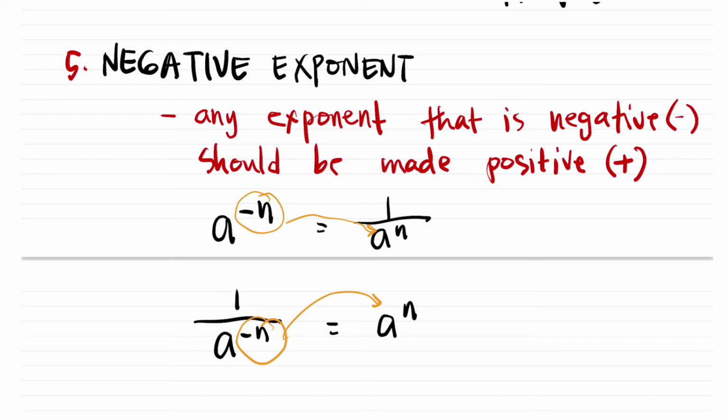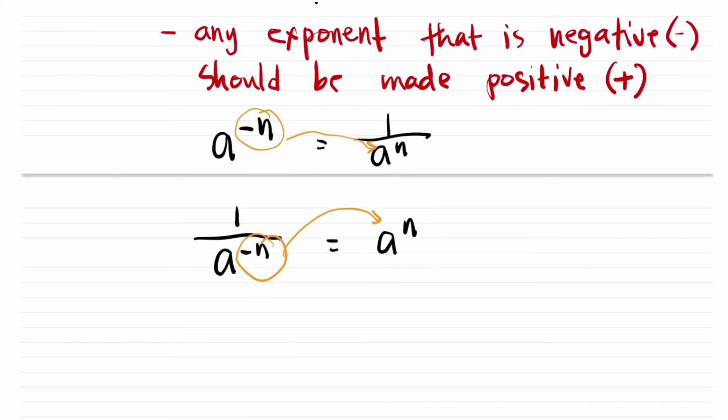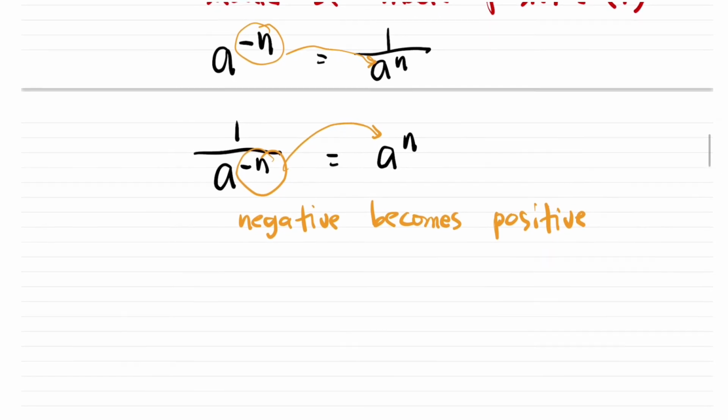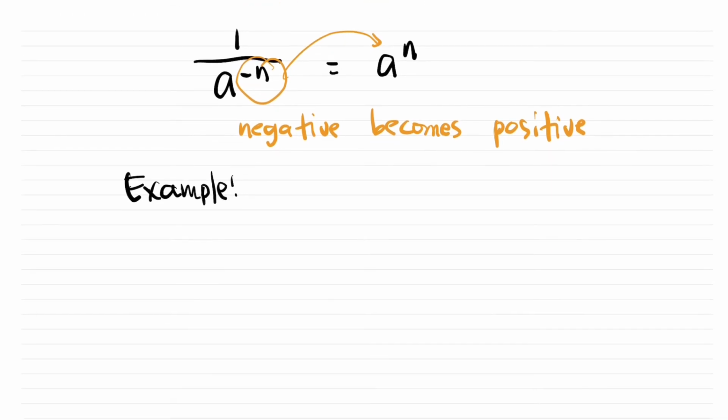Alright, let's have an example. If I have 1 over 4 to the power of negative 2, notice this is negative.